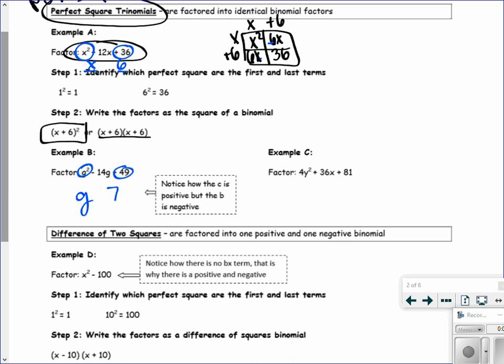If you multiply these two terms together and double it, so multiplying them together, that's 7g, and then you double that, what does that give you? 14g. Is that giving you what you have in here? I mean, pretty close. What do you notice about that middle term? It's negative, which just means it's a minus sign. So your parentheses would be g minus 7 and g minus 7, or g minus 7 squared.